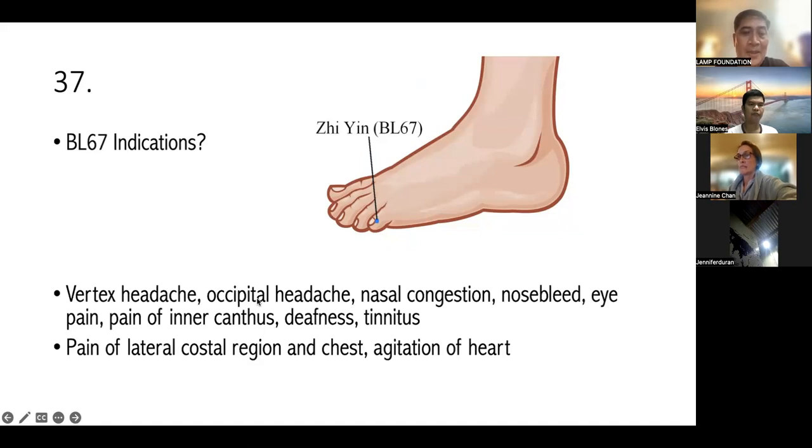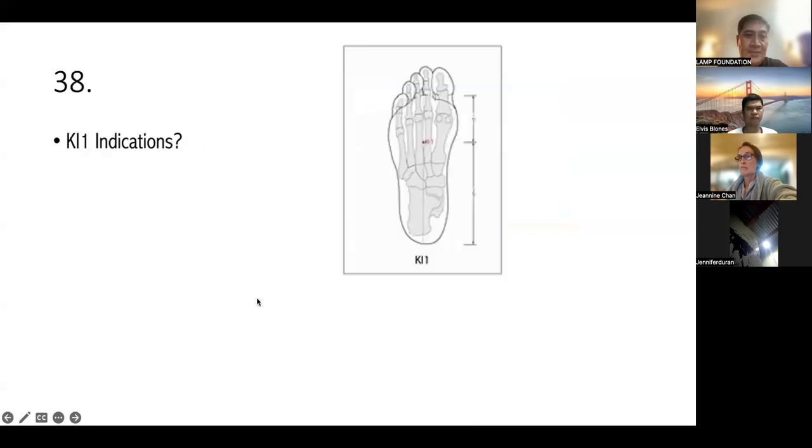Can you get it? And what I like about this point is you can do moxa for those who have breech presentation. Pwede mong gawing normal siya as long as hindi pa masyadong late. Okay? That's bladder 67. Next, kidney 1.